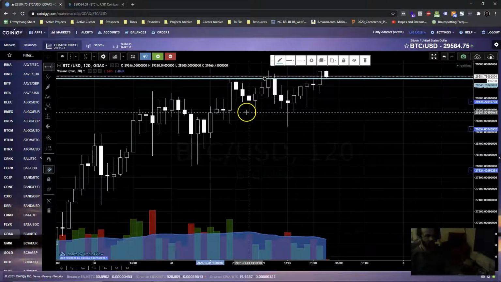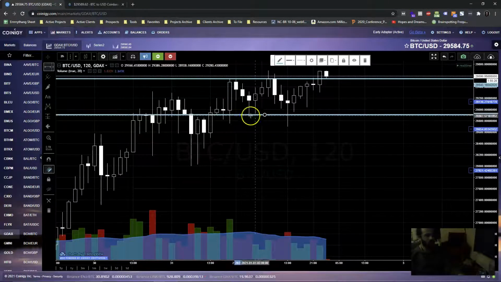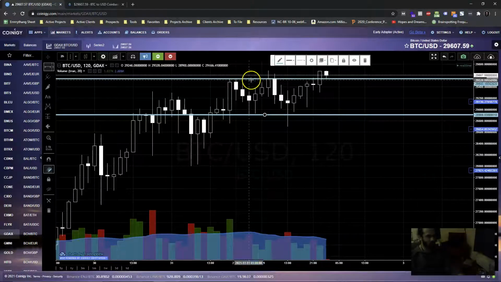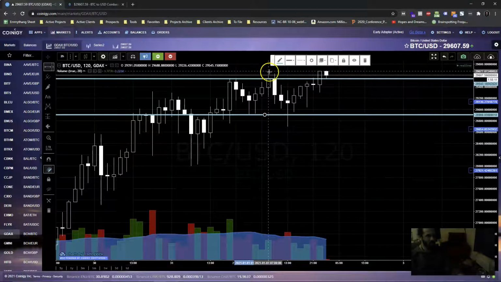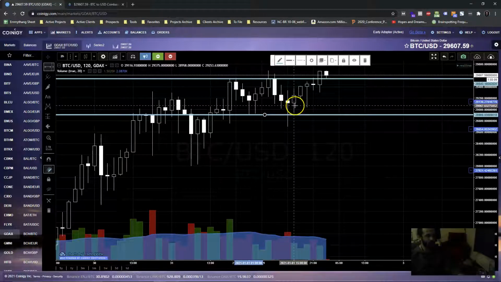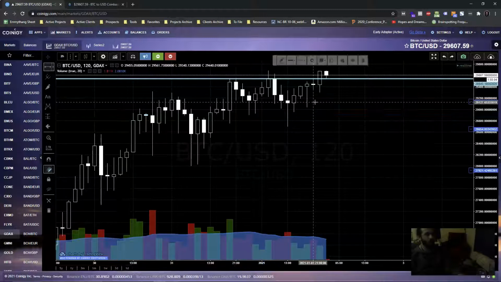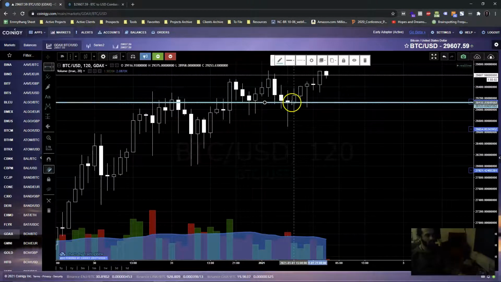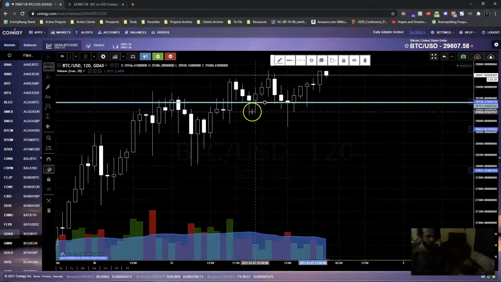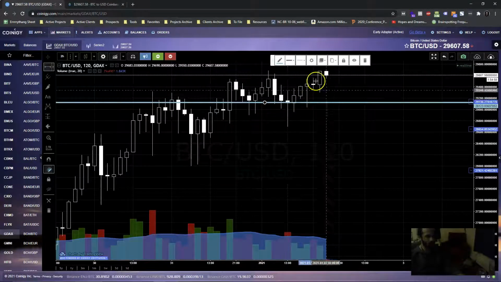comes down, which is somewhat questionable, to a low here that makes you just think. It comes up again to the same closes that were the prior wick highs, tests above, comes down again, establishes a lower, or I'm sorry, a higher close high based on the closes of these candles, nothing but wicks below this line, right?